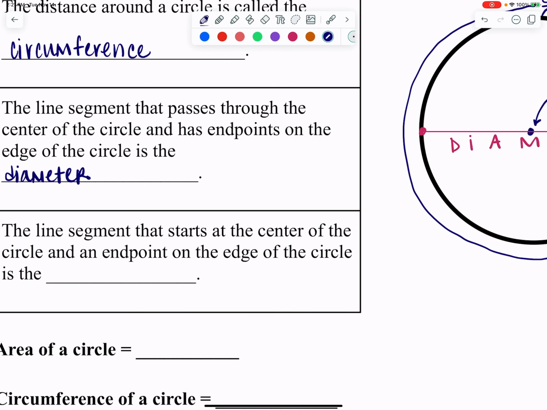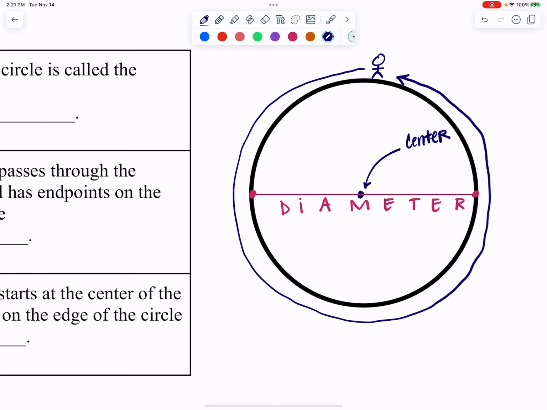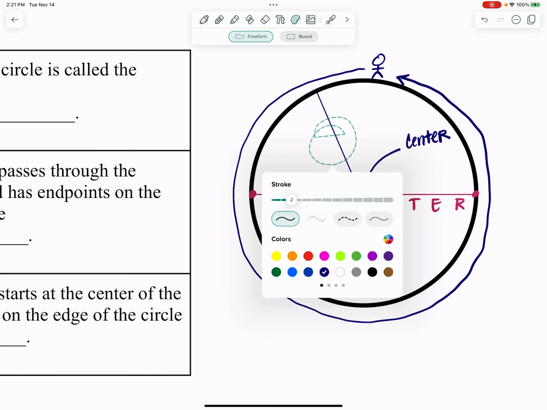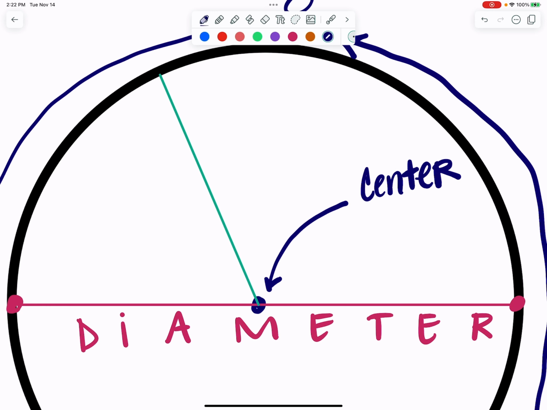The line segment that starts at the center of the circle and has an endpoint on the edge of the circle. So in other words, if I start at the center and I go to the edge, this piece is called the radius.